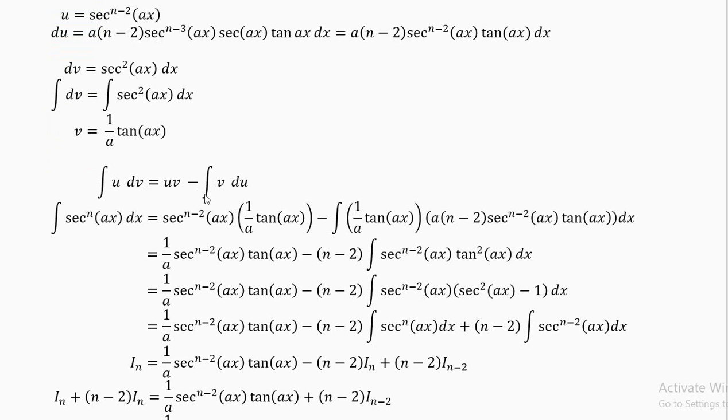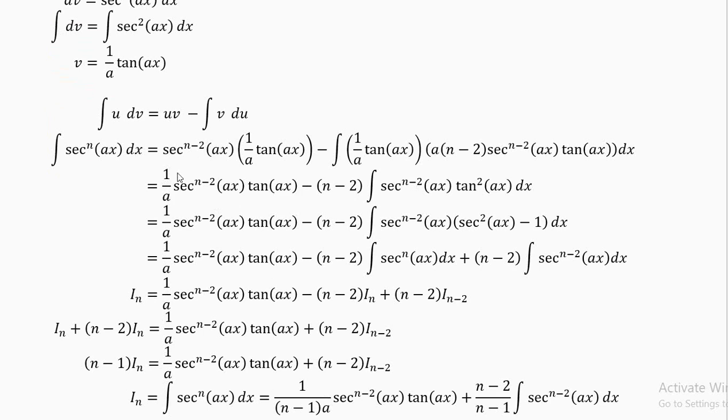Now use the integration formula, you will get 1 over a secant power n minus 2 into tangent minus n minus 2 secant power n minus 2 tangent square. Now this tangent square you will again convert to secant square minus 1, you will get secant power n minus n minus 2 secant power n minus 2.